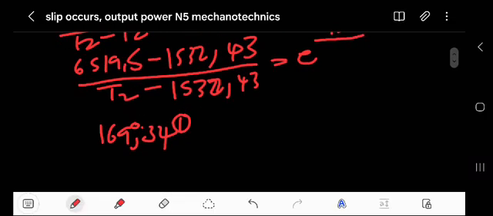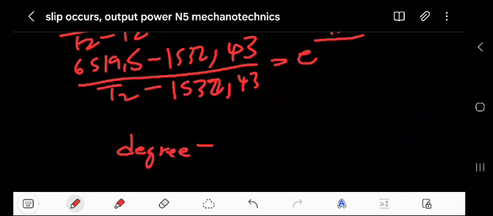Now you can simply use the old school method. The old school method is to convert degrees to radians, which is the same as multiplying by pi and dividing by 180.